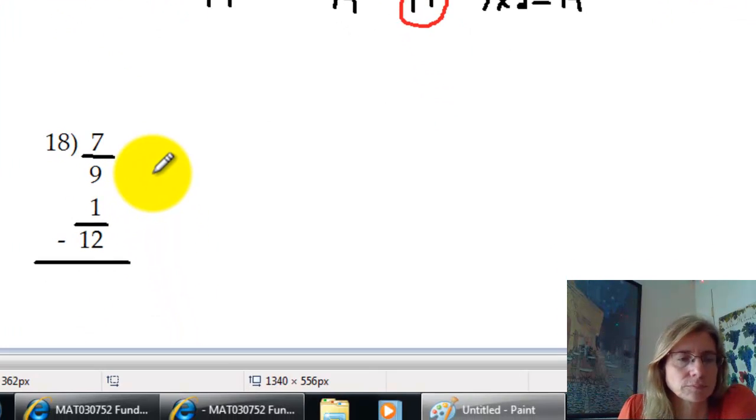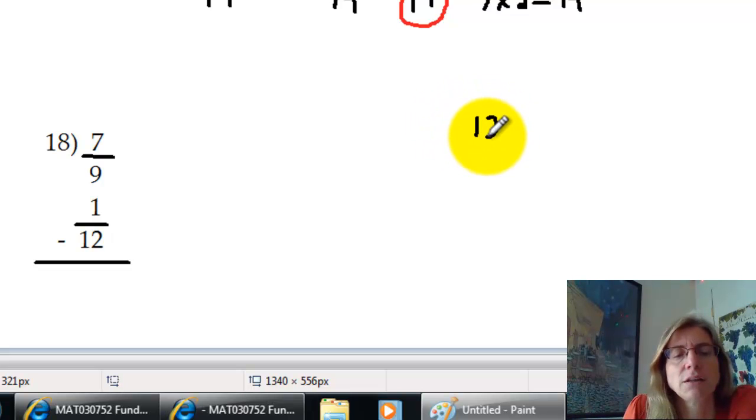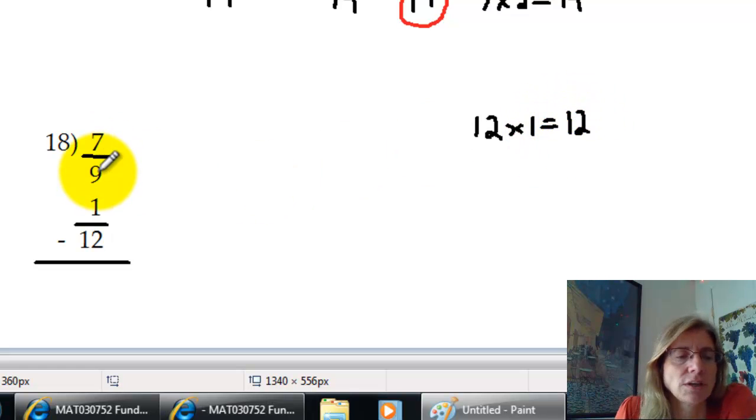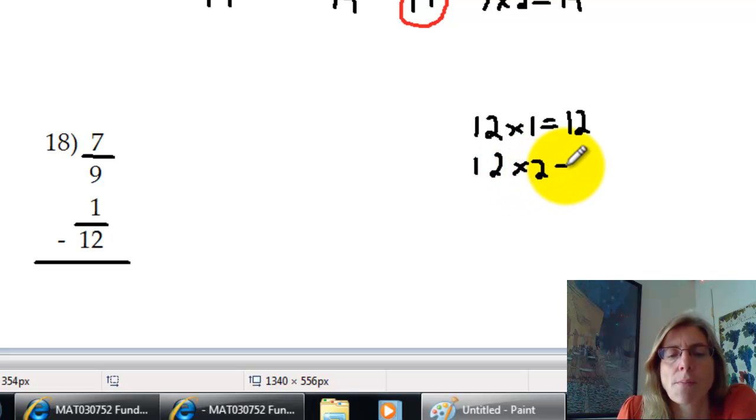And then when you solve vertically, you're still having to find a common denominator between 9 and 12, which you take the larger number and start listing the larger number's multiples, because you're finding a least common multiple. So you start with 12. 12 times 1 is 12. And you say, does 9 go into 12? No, it doesn't. So you have to go to the next multiple of 12, which is 12 times 2 is 24.